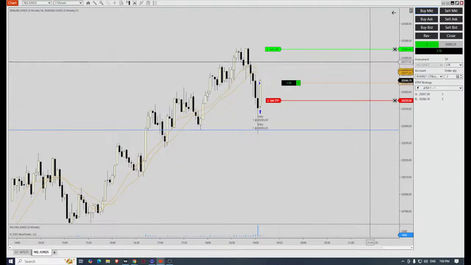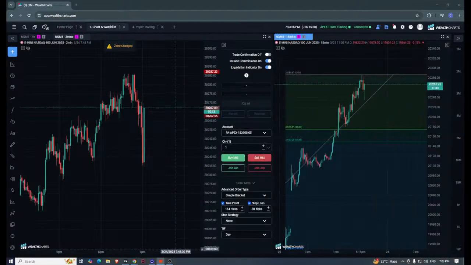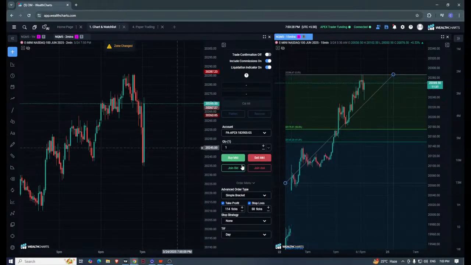Let's see. Keeping this here on the other screen just to manage this. And it's a good buy opportunity, but I'll still wait for this candle to close on my P account.